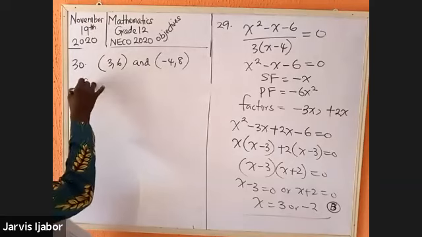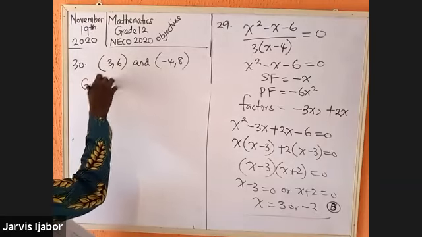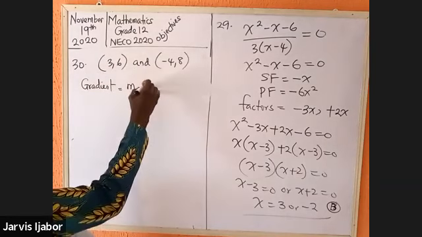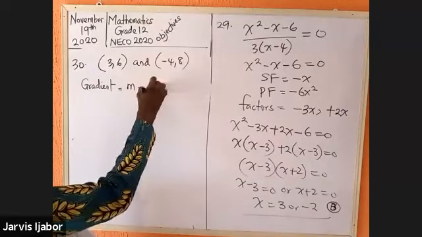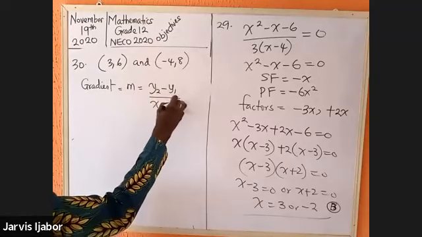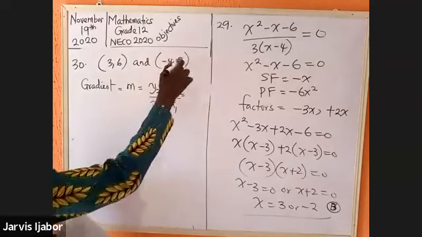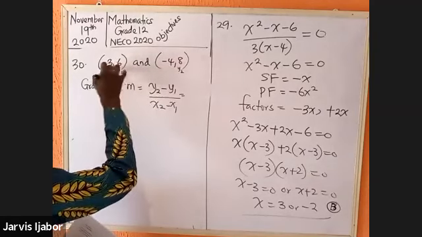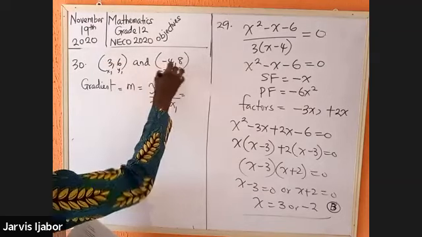Let's use gradient because a lot of us are used to gradient. Gradient, which is equal to m, is equal to Y2 minus Y1 over X2 minus X1.